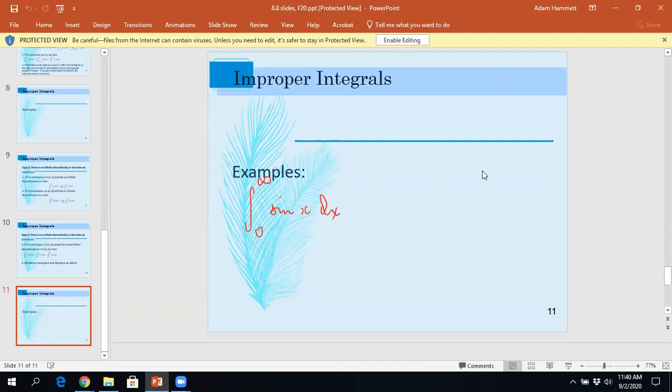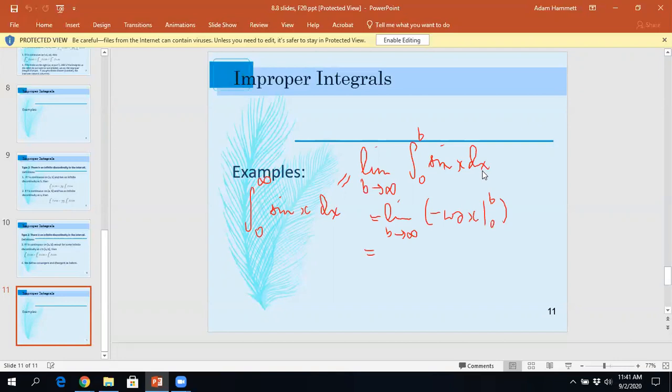So let's talk through this. What's the first thing that we do? Equals, the limit as b goes to infinity of the integral from 0 to b of sine x dx. Now, negative cosine of x evaluated between 0 and b.